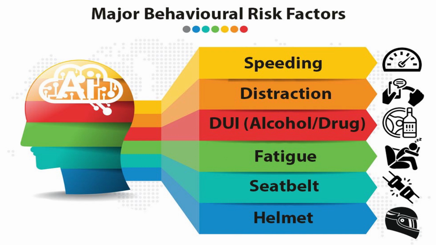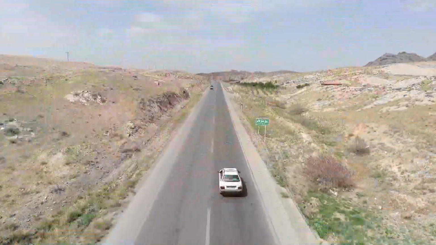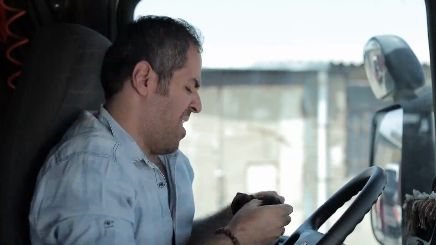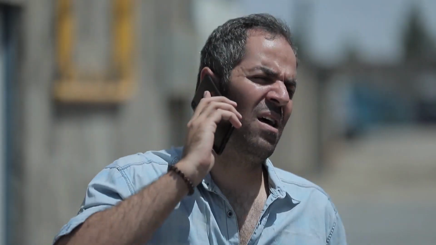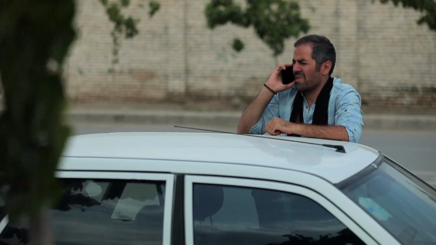These factors include speeding, distraction, driving under the influence of alcohol and drugs, fatigue and drowsiness, and not wearing a seatbelt or a helmet. Let's review together how many of these factors had an effect on this crash happening.